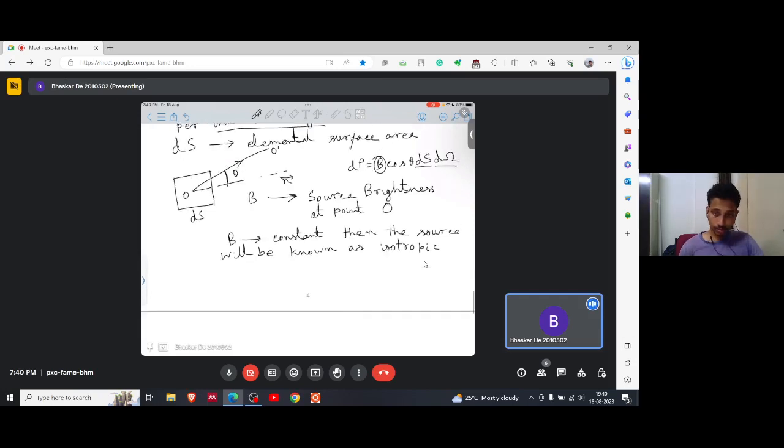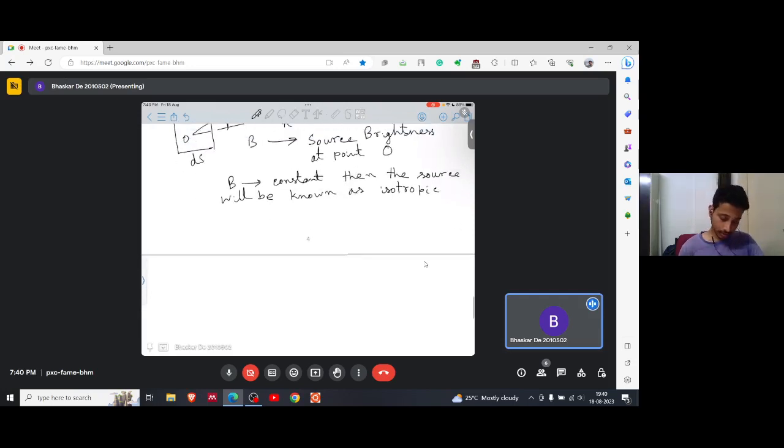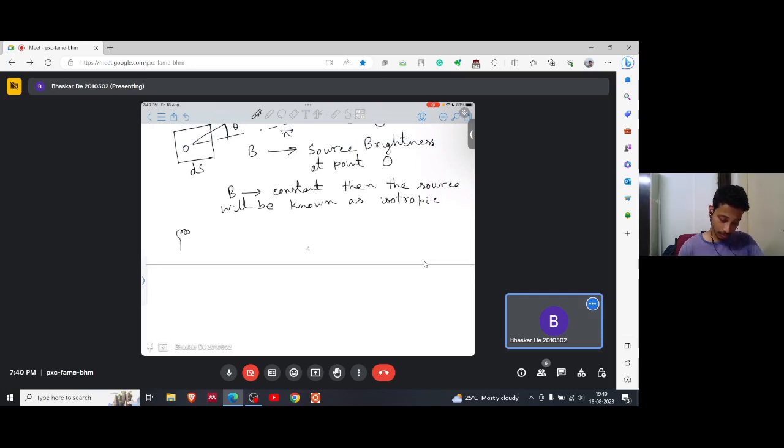Now what is this ds? For example, if there is a bulb, you can define the surface area here or here, anywhere. For example, here the brightness is B1, here it is B2. If B1 and B2 are equal, or constant everywhere, then we will say that this is an isotropic source.